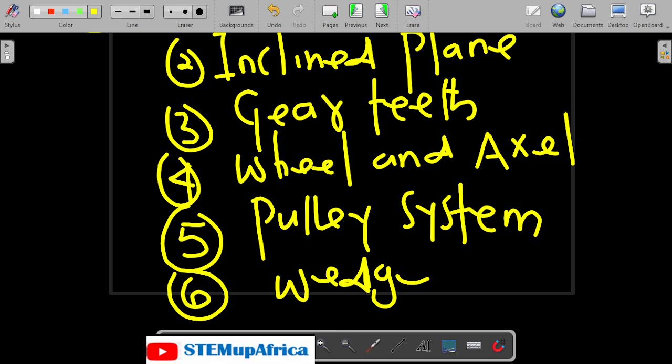All these are types of machine. Okay, maybe there are other types, so you're picking two from here. These are the types of machine that we have.